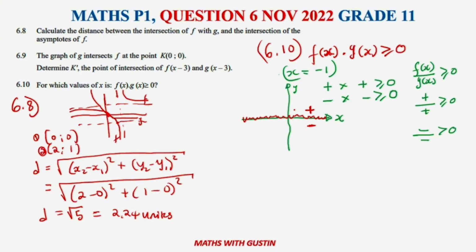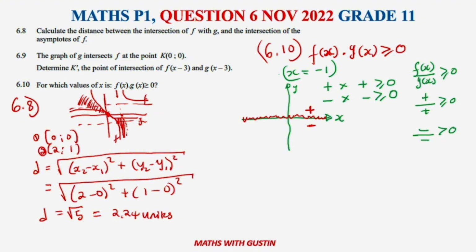All right, guys, now let's have a look at our functions. When will both functions be negative? Both functions are negative here. Here's the line of asymptote. Both of them are negative here, and both of them are positive here. There you go, greater than or equal to 0, so even the 0 is included.